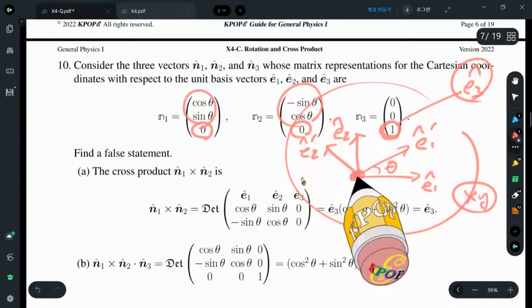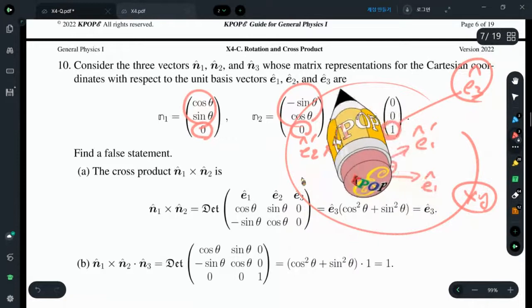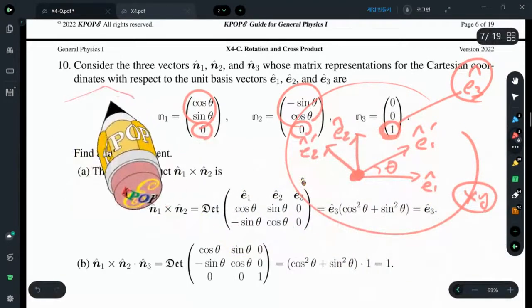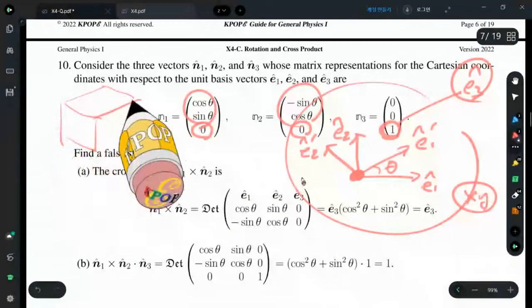The axis of rotation passes through this point, and is perpendicular to this plane. So in 3 dimensions, we can draw this.